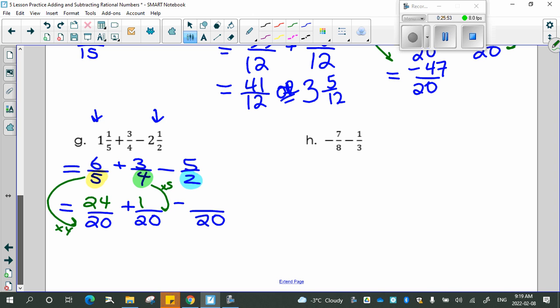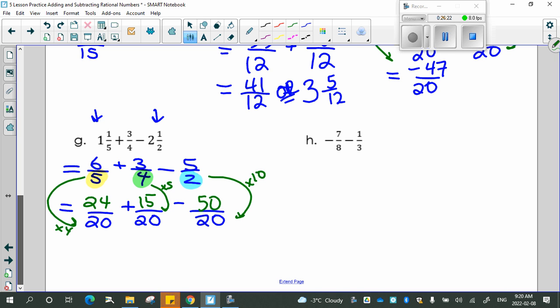So I have to multiply the top by 5. Here I had to multiply 2 by 10. So I have to multiply the top by 10. And I get 50. So I had to multiply 2 by 10 to get 20, so I have to multiply 5 by 10 to get 50. Whatever you do to the bottom, you do to the top, make the bottom change.